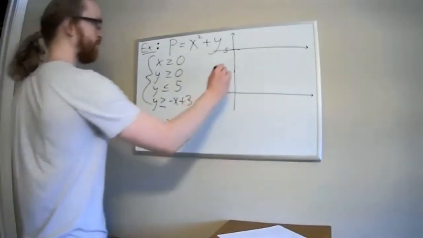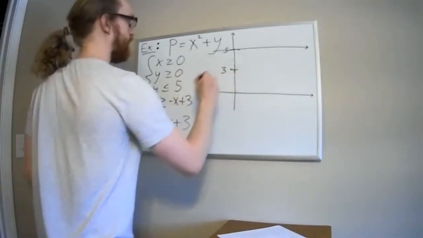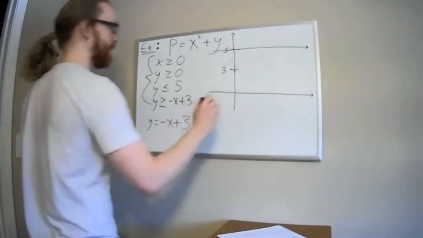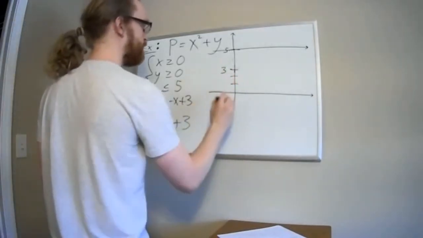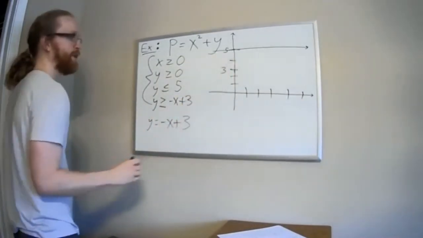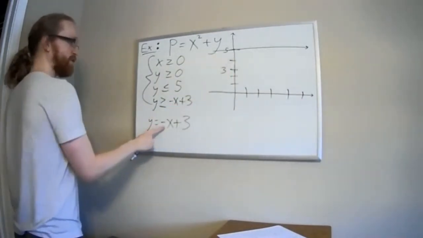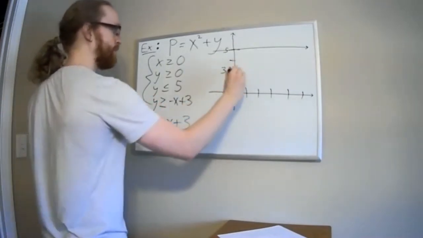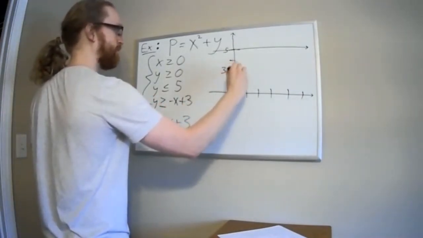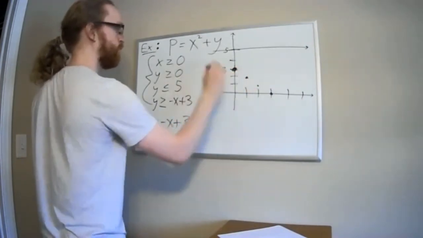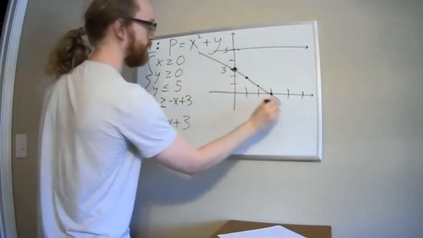So I go up to 3, and then I use the fact that I have a slope of negative 1, which tells me that when I go to the right by 1, I go down by 1. So start at 3 on the y-axis, then right by 1, down by 1, right by 1, and so forth. And then I'll draw in the line.